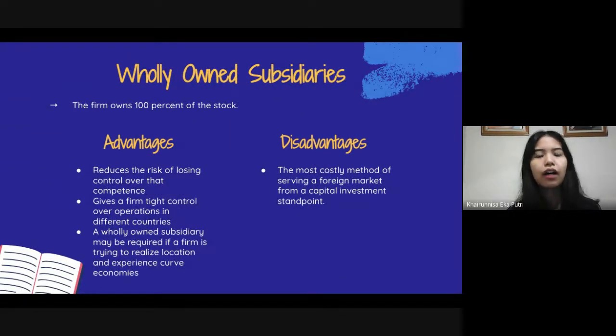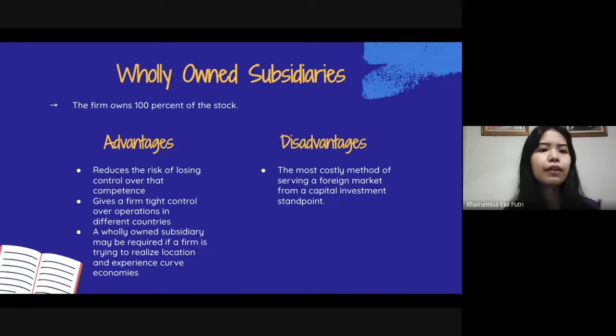Okay, next, wholly owned subsidiaries. In wholly owned subsidiaries, the firm owns 100% of the stock. Establishing a wholly owned subsidiary in a foreign market can be done two ways.